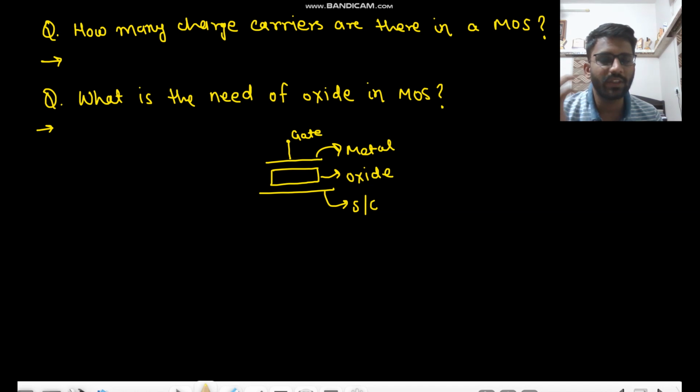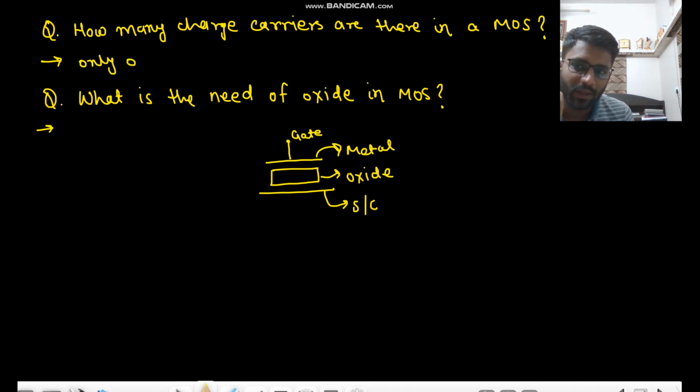But in case of MOS, if we consider P channel, only the holes are responsible for the current to flow. If we consider N channel, only the electrons are responsible for the current to flow. But in case of BJT, both electrons and holes are responsible for the current to flow. So if they ask how many charge carriers are there in a MOS, only one.